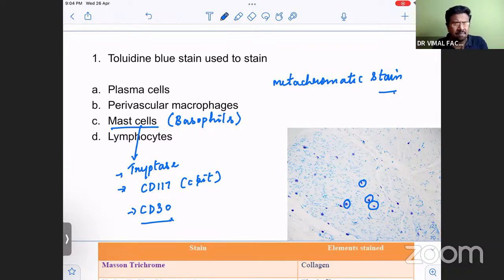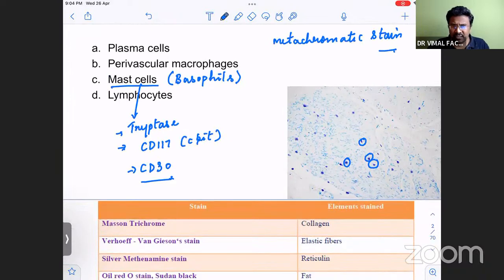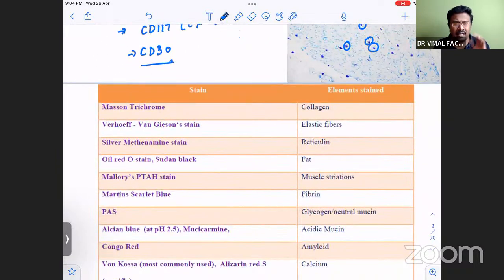Okay, so this is about the stain. Just a quick recap about the other stains: Masson trichrome for collagen. Van Gieson stain is for elastic fibers. To demonstrate the reticulin fibers, especially in bone marrow biopsies as well as in kidney biopsies, you will use silver methenamine stain.